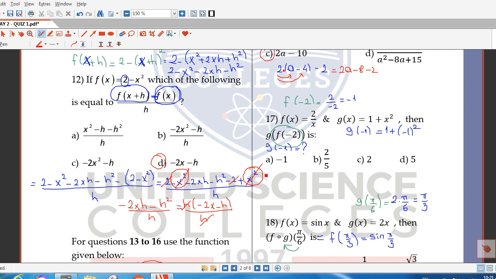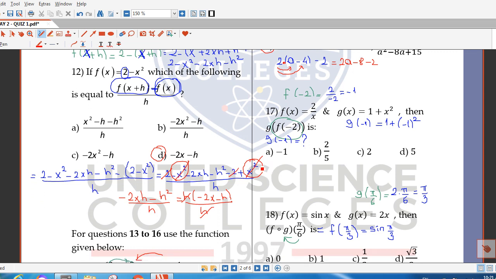Question 17, two functions are given, f and g, and our question is what is g of f of negative 2? It is a composition of two functions. First of all, the inside operation has to be done. We have to calculate f of negative 2. f of negative 2 will be calculated by using function f and replacing x with negative 2.